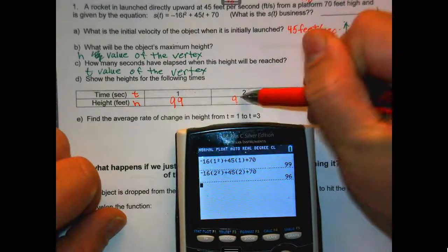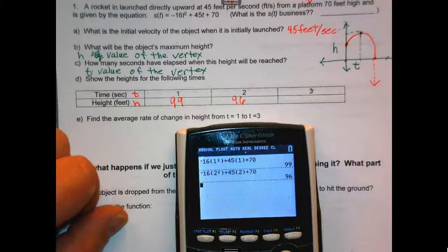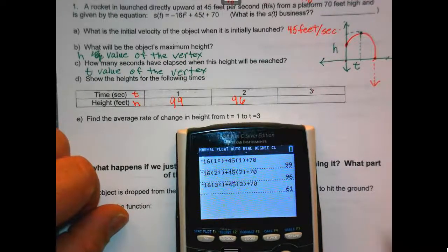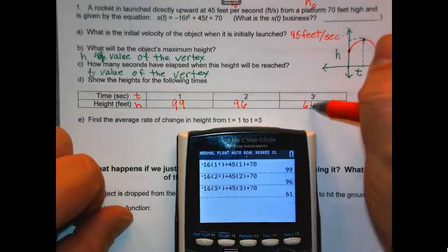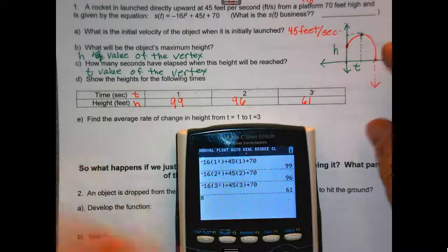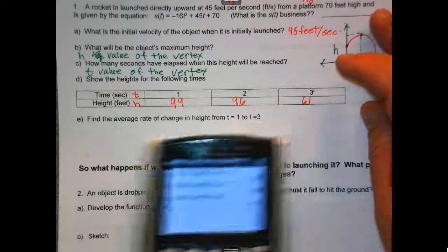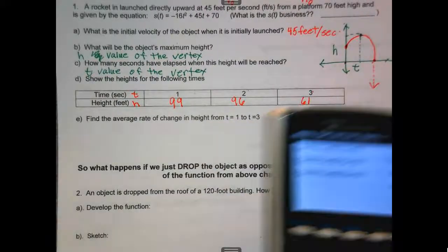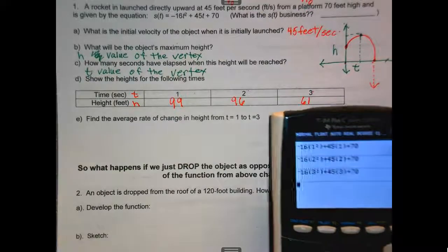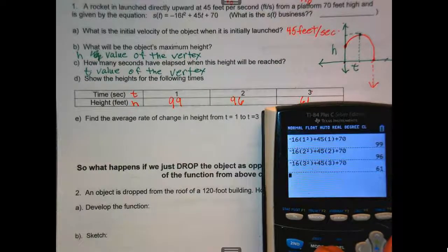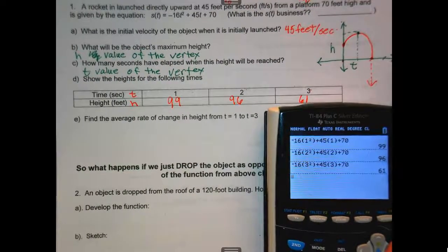So I'm at 96 feet, and then at 3 seconds I'm at 61 feet. So what's happening here? Yeah, we're on the downswing. Questions? Okay.